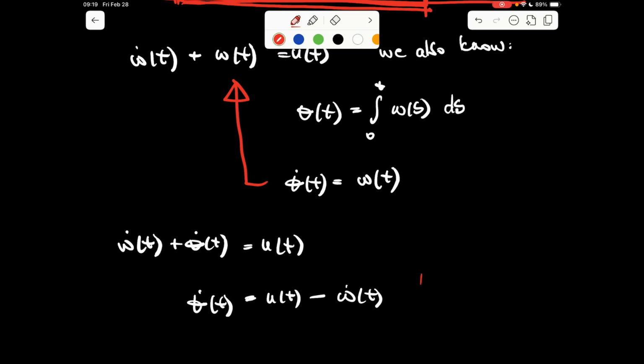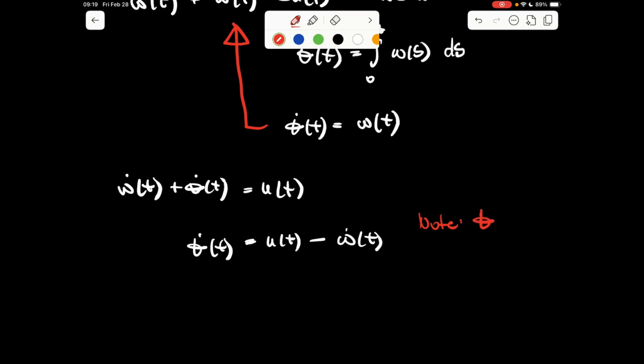Note that the time differential of theta is not dependent on theta.